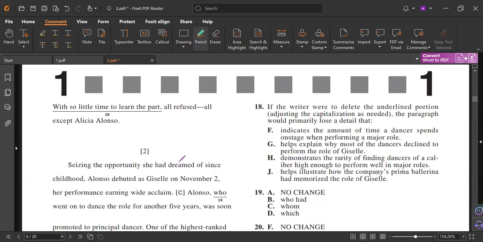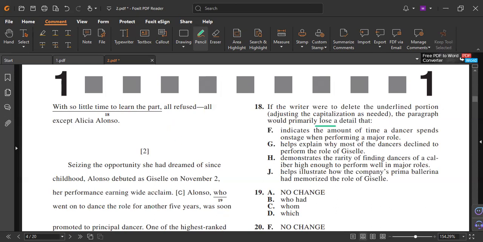That's it. Okay. Another question, we test you on deleting. Deleting what? It says the underlined portion. If we delete it, what will we lose? We will lose the meaning of the sentence, not only the underlined part. Let's try.